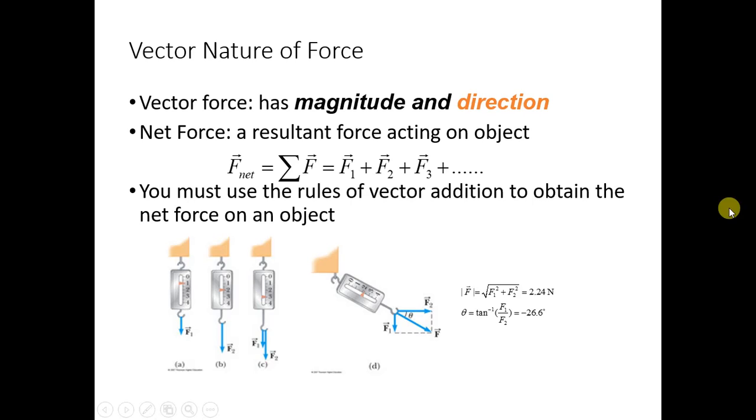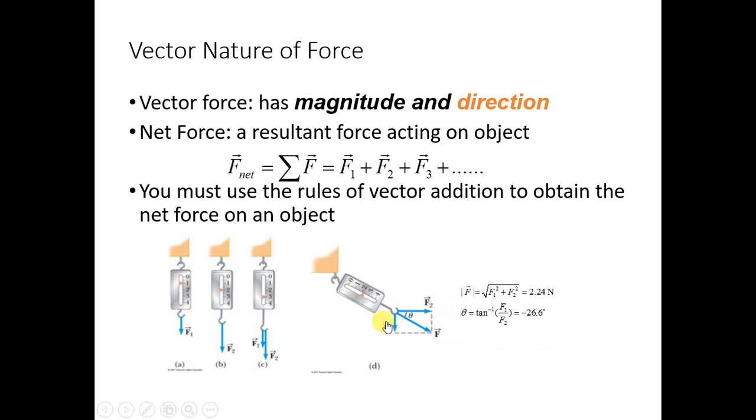See here, there are two forces, F1 and F2, applied on the same object. The magnitude of the resultant force is F equals the square root of F1 squared plus F2 squared.